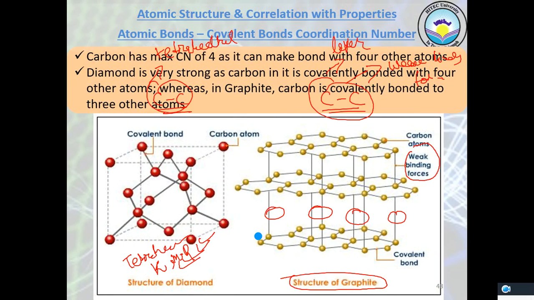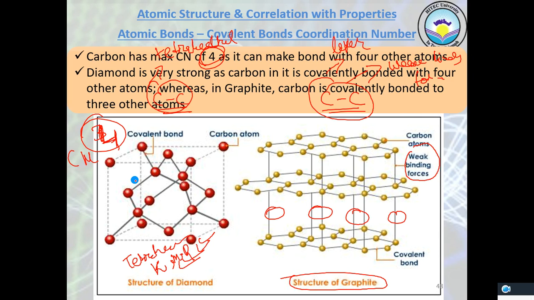In case of diamond, carbon has a coordination number of 4. Okay, very important thing: in diamond, the coordination number is 4. That means it can make a tetrahedral structure, and it will make a bond with the 4 surrounding atoms.